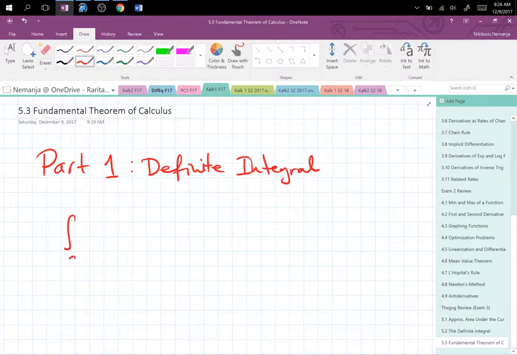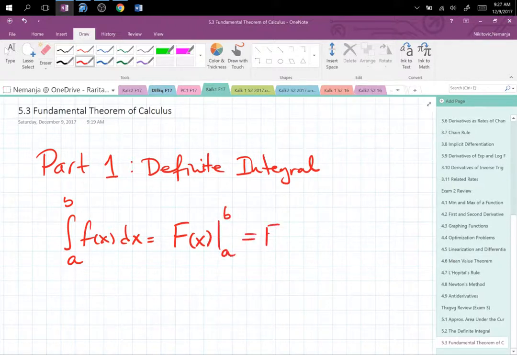It says the integral from a to b of f of x dx is equal to the antiderivative capital F of x from a to b, which is F of b minus F of a, which is the calculation we performed last time.